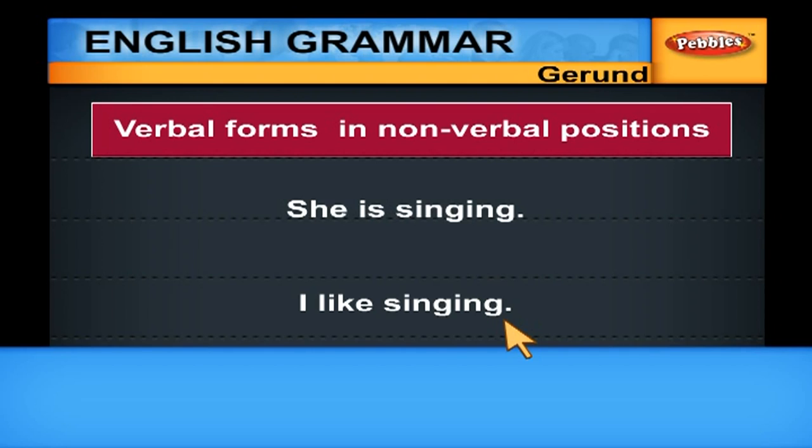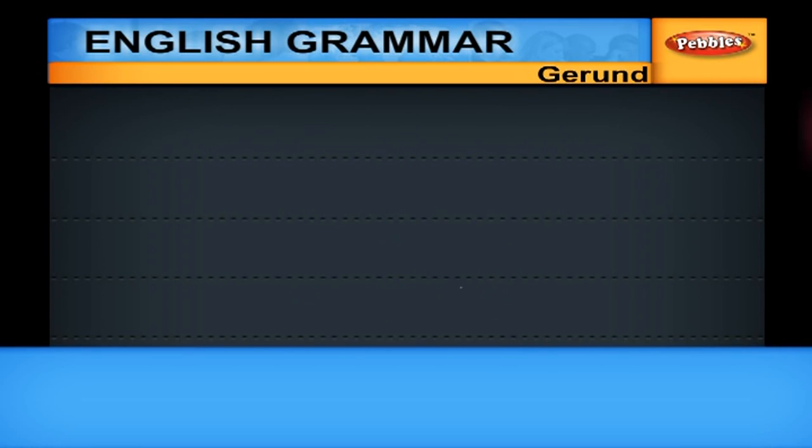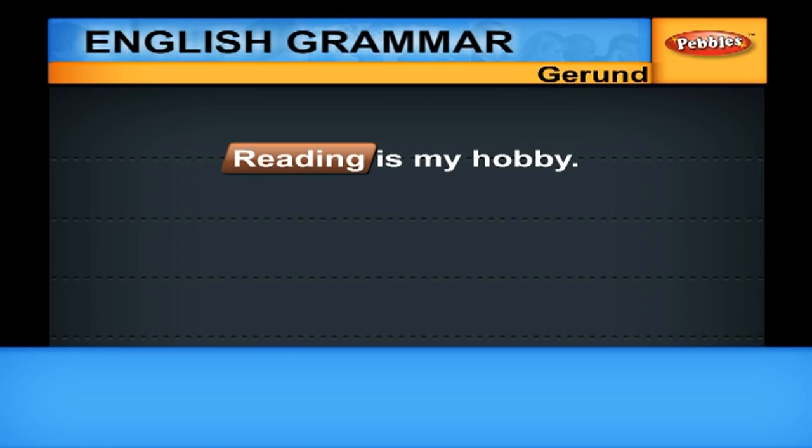When you have a verbal form, ing form, functioning as a noun, we call it a verbal noun or we call it a gerund. A gerund is a verbal form or VING form but functioning as a noun. Reading is my hobby. Reading is of course a present participle form, but here it's functioning as the subject. So it is a gerund.